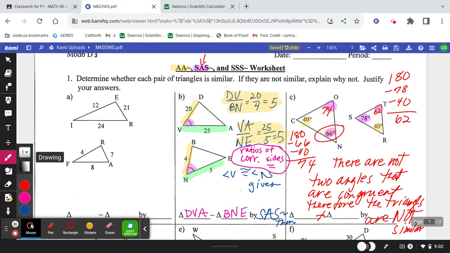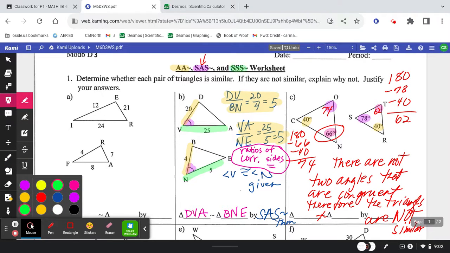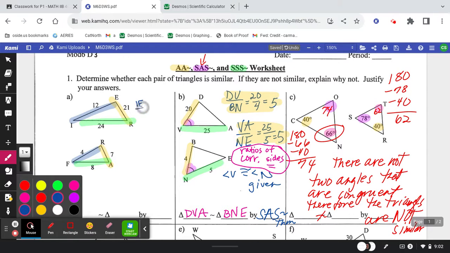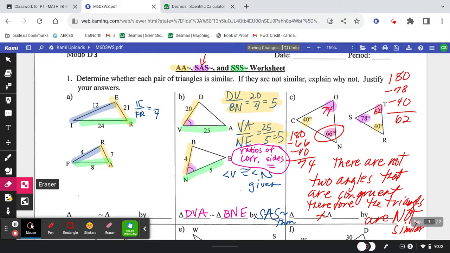All right, for this first one, that just leaves us side, side, side. Let's go see if it makes sense. So notice that I've got this side corresponding to this side. It's in the same place. And then I've got this side corresponding to this side, and this side corresponding to this side. So let's write up those side ratios and see if they're equal. I'm going to go blue side first. IE is to FR is 12 over 4.